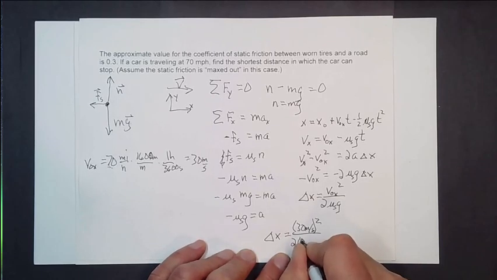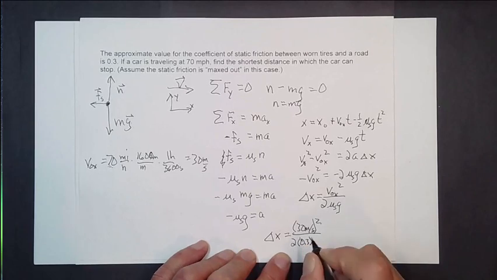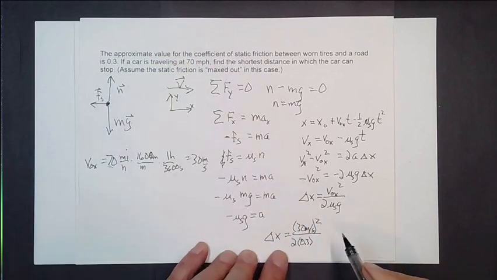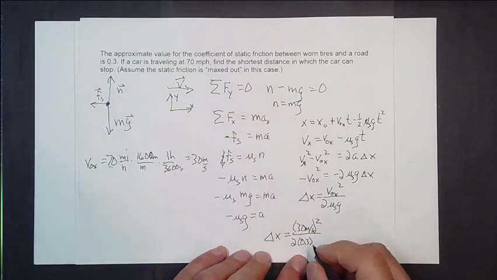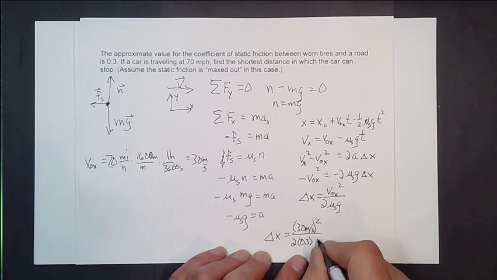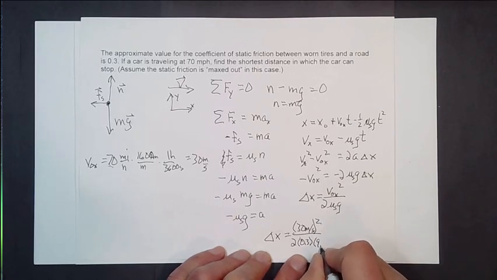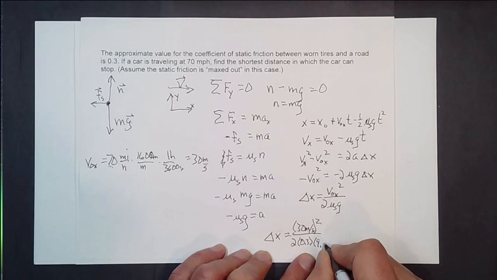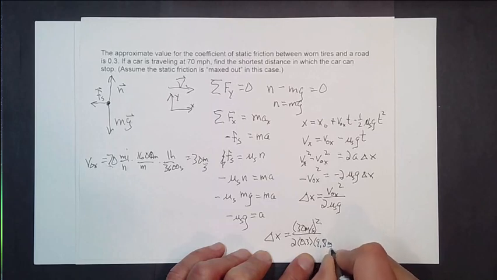Oh, notice that coefficients of friction are dimensionless. Something to keep in mind. And then I could actually use 10 meters per second squared in this case, but 9.8, I'll just use that.